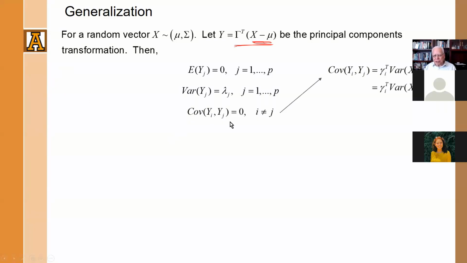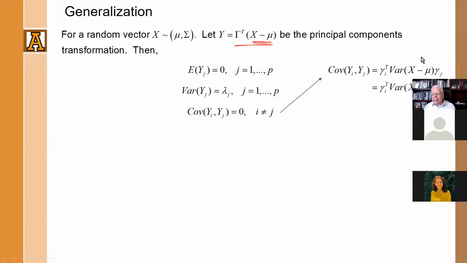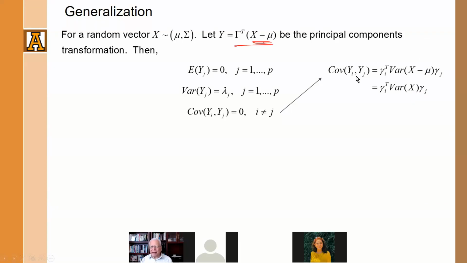The covariance between Yi and Yj, that is the covariance between any pair of the transformed variables, is equal to 0. Why is it equal to 0? Because if you compute the covariance between Yi and Yj, you get gamma i transpose times the variance of X minus mu times gamma sub j.